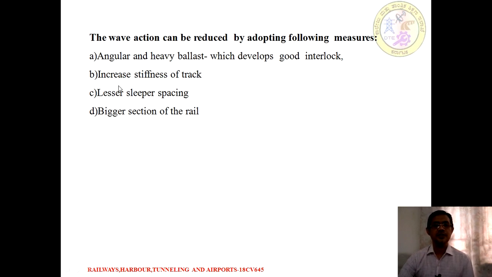Similarly, if you increase the stiffness of the track, that also reduces the wave action. If you reduce the spacing between two sleepers, that also reduces the wave action. Similarly, a bigger cross section of rail also reduces this wave action.